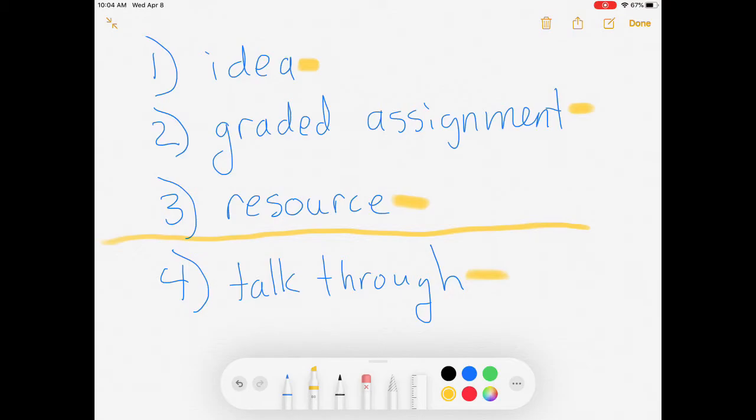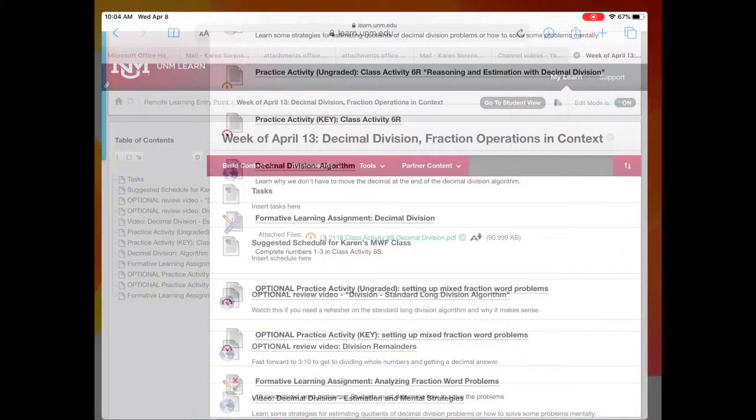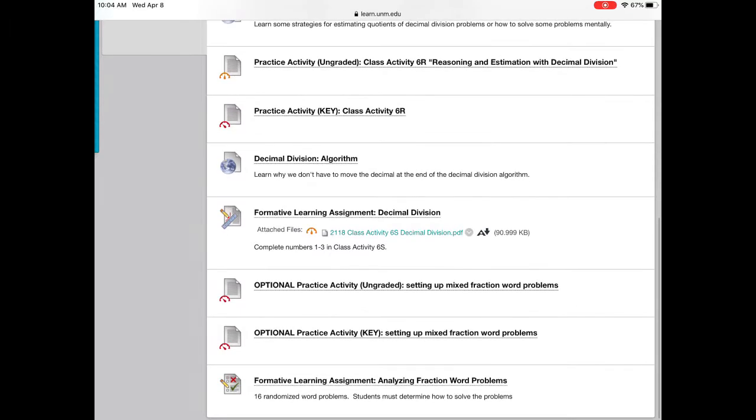So in UNM Learn this week, there is this last assignment, says Formative Learning Assignment, Analyzing Fraction Word Problems. It is a multiple choice assignment, and I had to set it up in Learn. The only way to get multiple choice is to do it as a test, but it's not contributing to your test grade. In the grade book, it's going to contribute to the same category that was used for the other formative learning assignments.